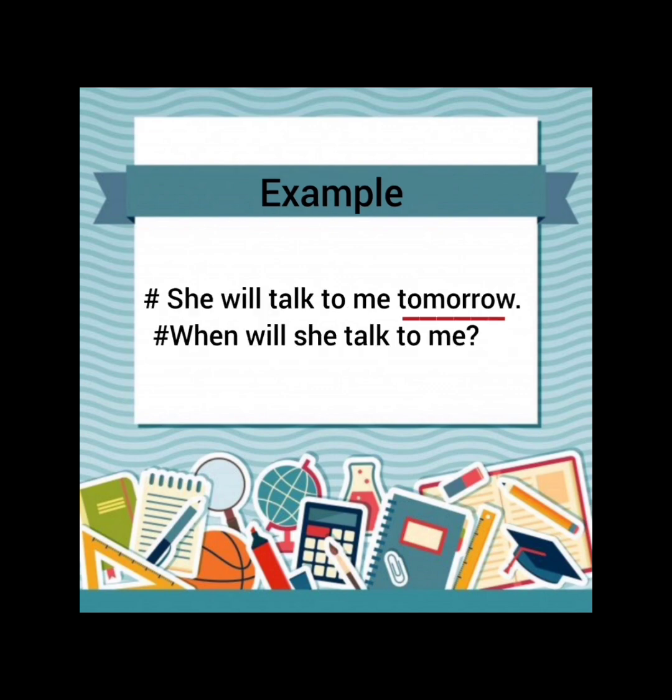She will talk to me tomorrow. And the question will be, when will she talk to me? So it answers the question when, that she will talk to me tomorrow. I am telling about the time, that it is tomorrow, when she is going to talk to me.